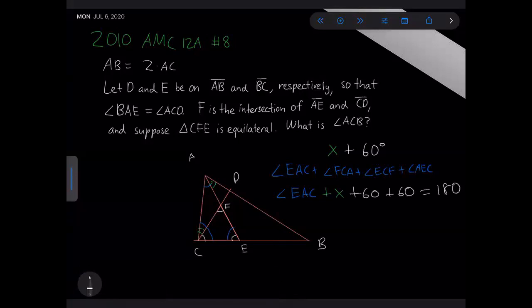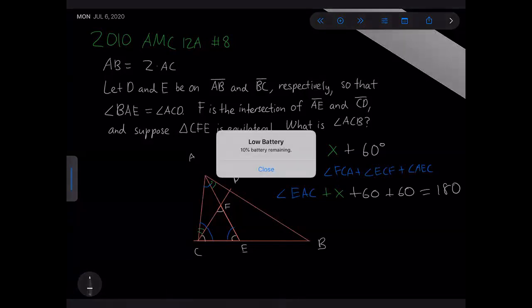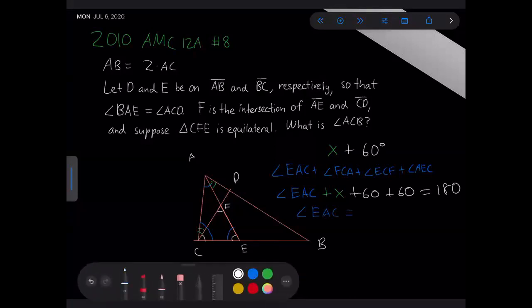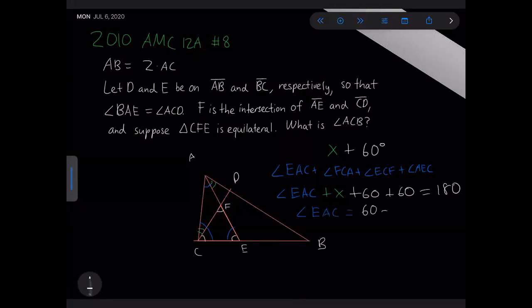It's all equal to 180 because it's a triangle. So therefore, angle EAC is equal to 60 degrees minus X.